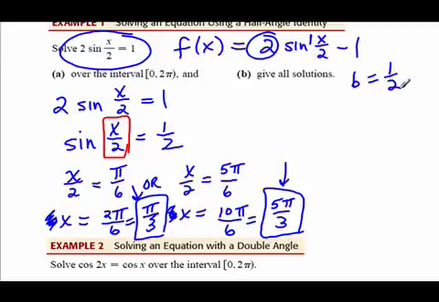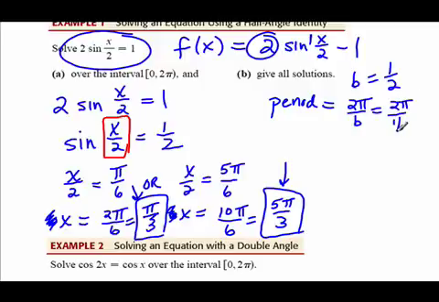And recall with the sine function, period is 2 pi over b. So in this case, it's 2 pi over 1/2, or 4 pi. And there is what you simply add to our two answers to give you all of the other answers.